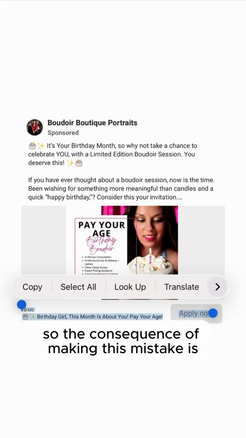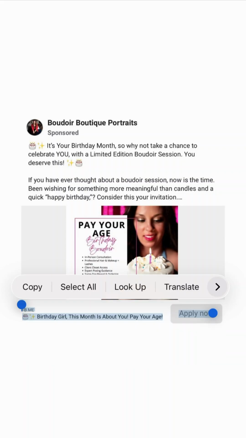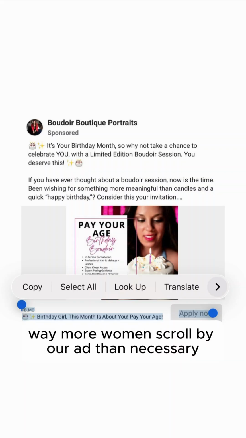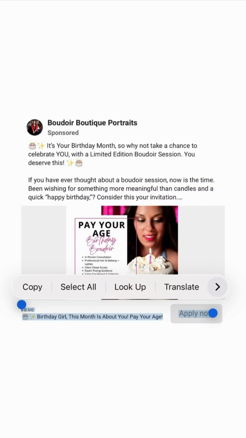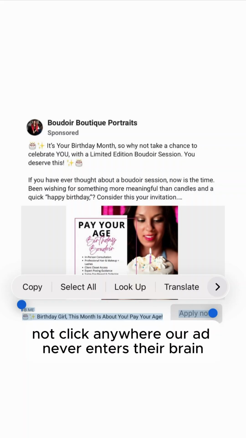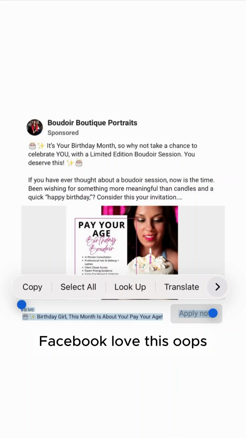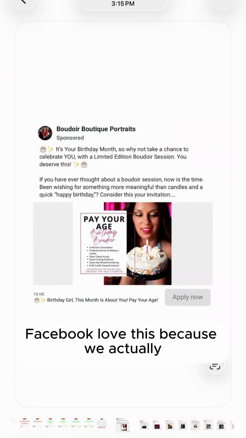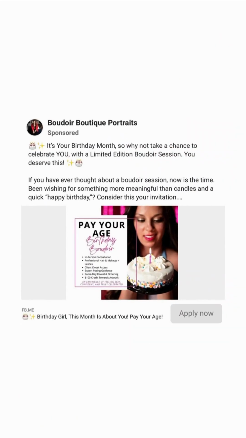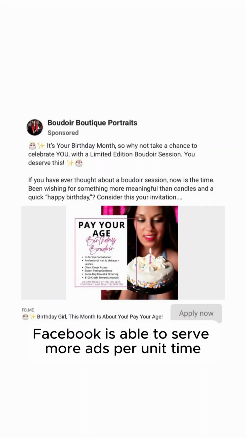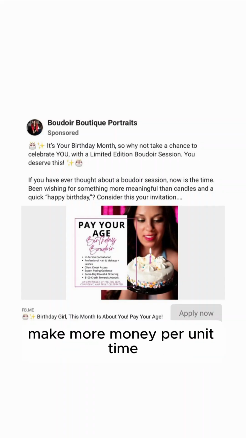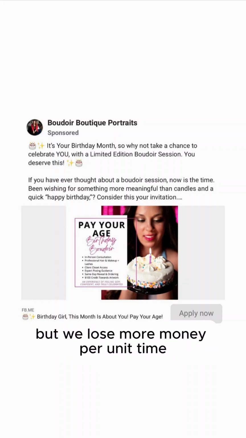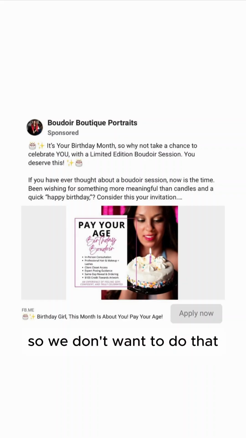The consequence is we're going to have way more women scroll by our ad than necessary, not click anywhere, and our ad never enters their brain. Facebook loves this because Facebook is able to serve more ads per unit time and make more money per unit time, but we lose more money per unit time. So we don't want to do that.